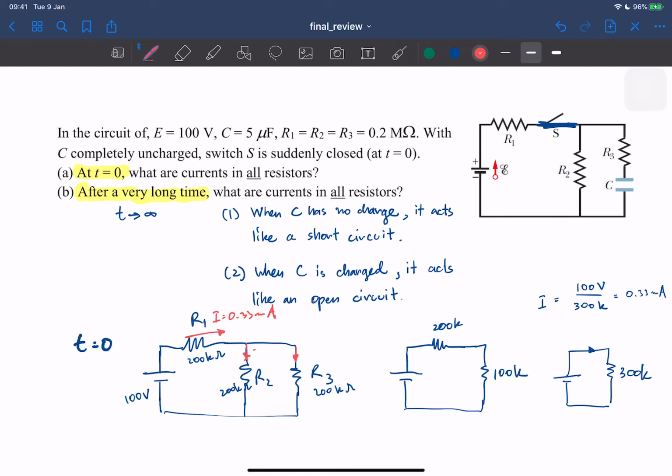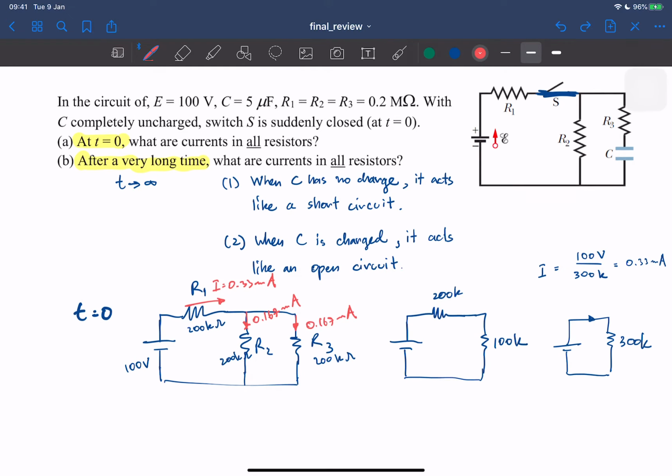So that's 0.167 milliamps, and this is also 0.167 milliamps. That's the current in the circuit at time equal to 0. Again, we ignore the capacitor because when there's no charge in the capacitor, it acts like a short circuit.